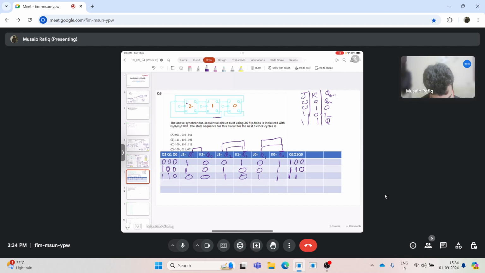So it is 1. 1, 1. So toggling. Previously it was 0 right here. Now it will be 1. So after 3 clock cycles, my state will be 1, 0, 0, 1, 1, 0, 1, 1, 1, and that is option C.